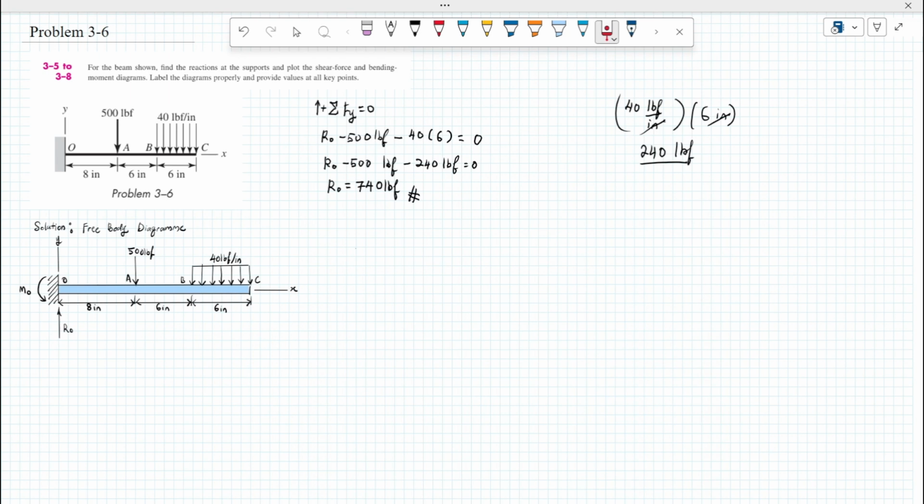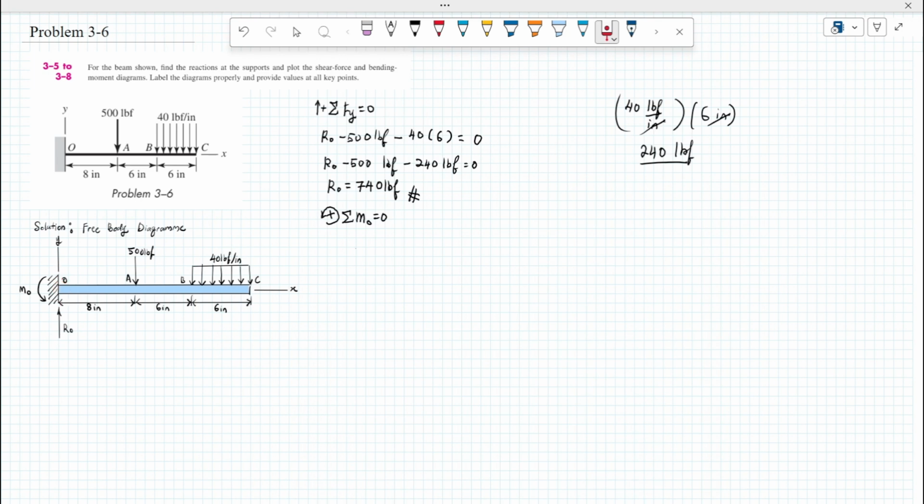After we have calculated the reaction force at point O, we need to consider the bending moment of this beam. We assume that counterclockwise is positive, and we sum all of the moments at point O equal to 0. The reason we put it equal to 0 is that we don't want this to move, it is static. If it is not equal to 0, then whatever forces act upon this will make the whole body rotate, which doesn't make sense because at point O it is attached to the wall.